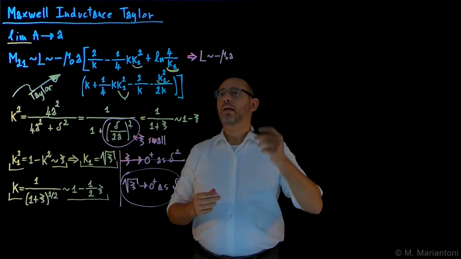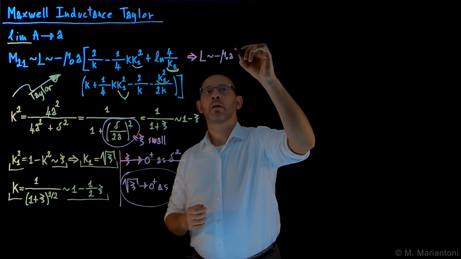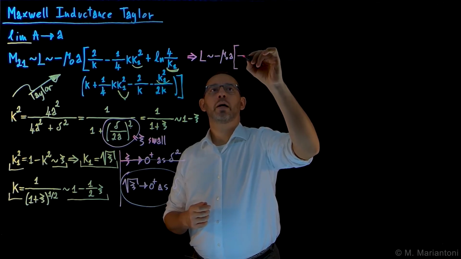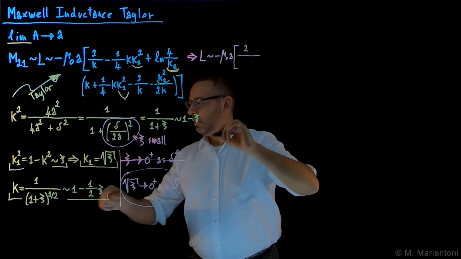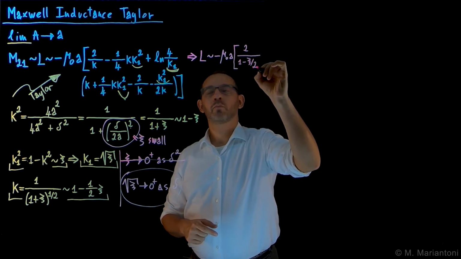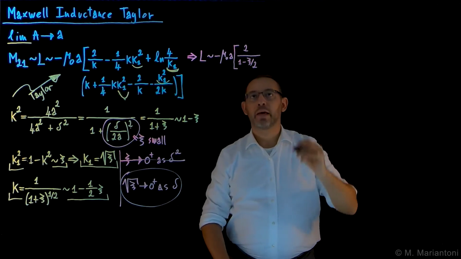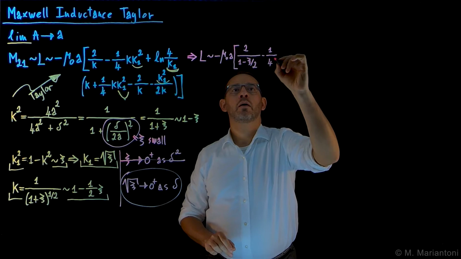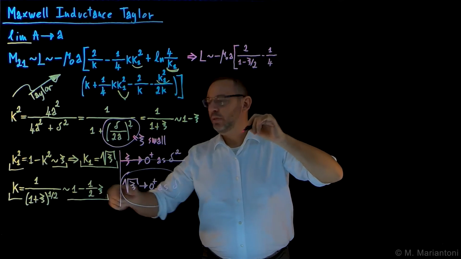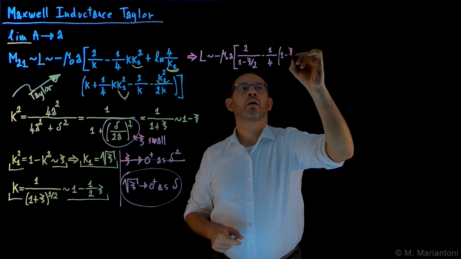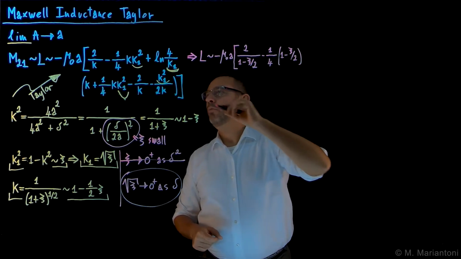So 2 over k is going to be here, 2 divided by k, which is 1 minus psi half. Then we have minus 1/4 k. But what is k? K is again 1 minus psi half. And what is k1 squared?